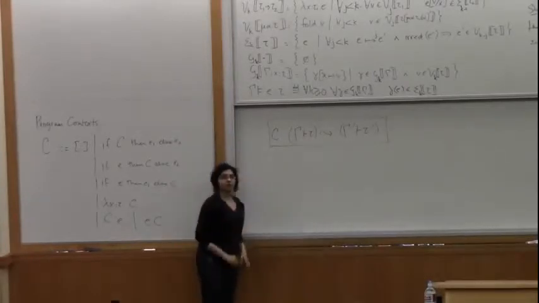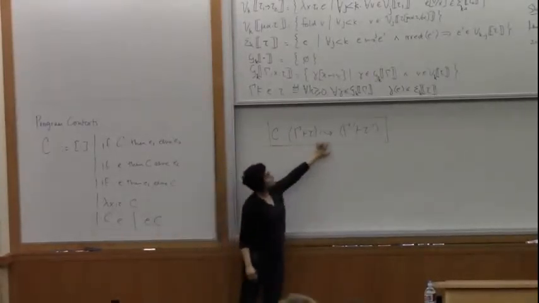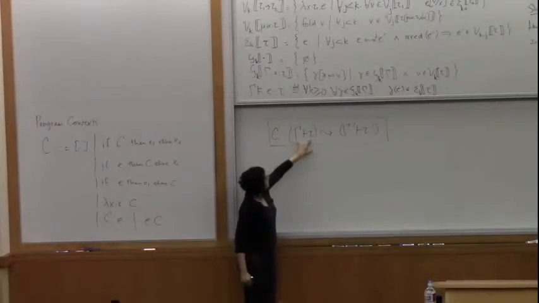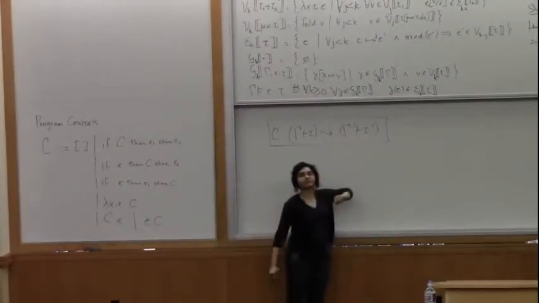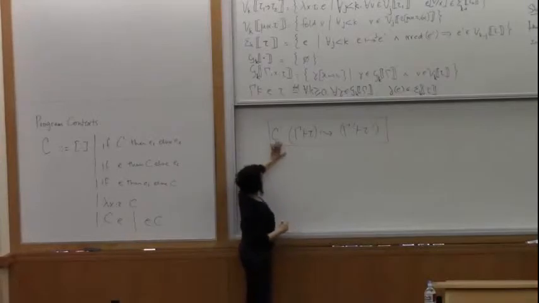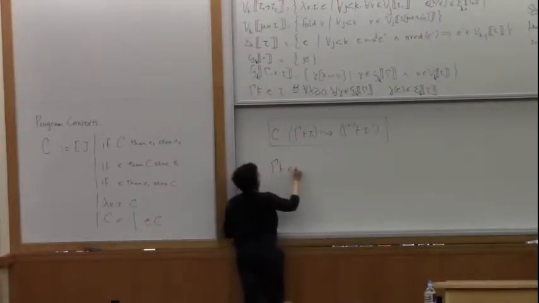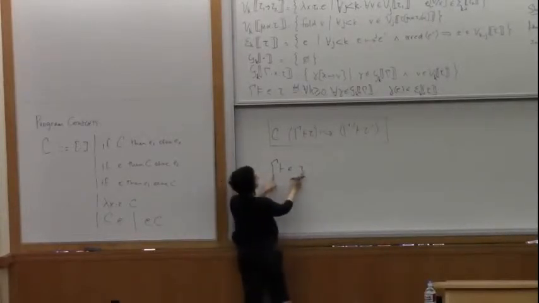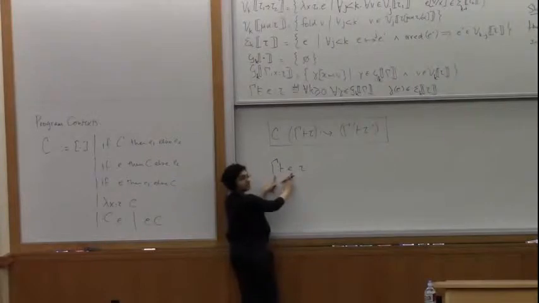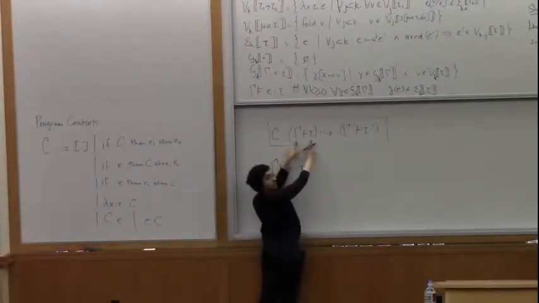Okay? So when we say that a context C has this type, we mean that this is the type of the hole, and this will be the type of the entire expression after it has been plugged. So in particular, if you have a context of this type, and you are given an expression of this type, notice that this E has type tau under gamma, right, which matches the type of the hole.